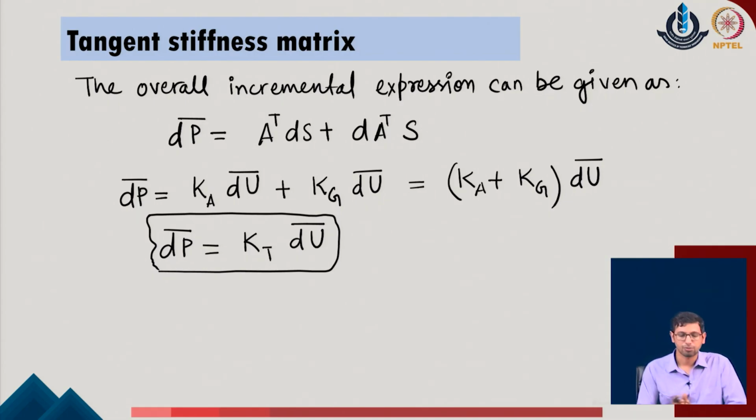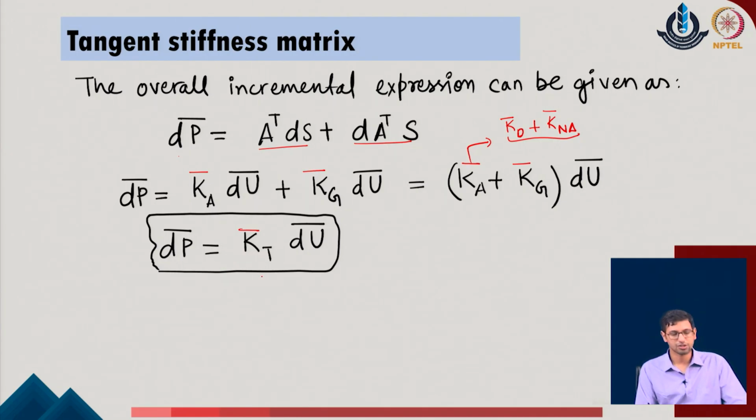So, once we summarize the overall process, we realize that dP bar was written in terms of two parameters. We modified the expressions for the given system, and we realized that dP bar can be represented in terms of dA transpose and the k of a bar and kg bar in the given system. K of a also has two components. I will just put the bar on top of it, which is the k of linear or k naught in the given system and k of nonlinear in the given problem, and using these two terms we get the overall tangent stiffness of the given system.